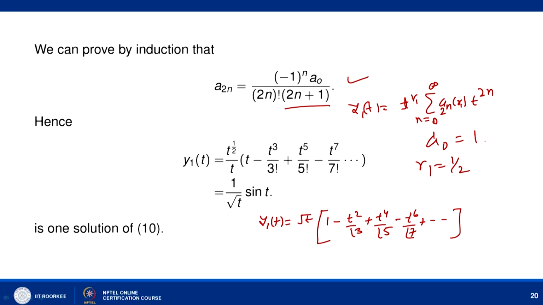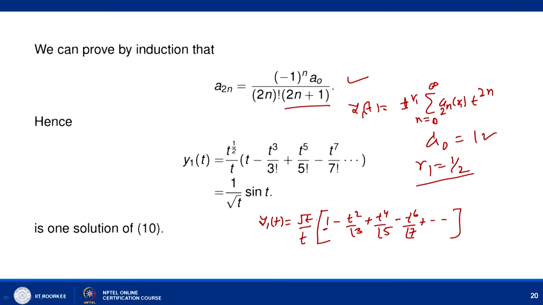So, here a_0 we assumed as 1, and r_1 is equal to half, then we can put root t into a_0, that is 1, and a_1 is 0, so that we are cancelling out. a_2 we have calculated as minus 1 upon factorial 3, so t square, plus a_4 is 1 upon factorial 5 into t to power 4, minus and so on. Now if you look at this, we can multiply and divide by t.